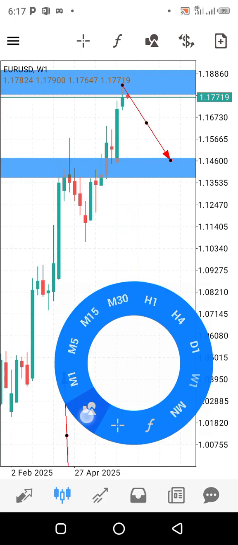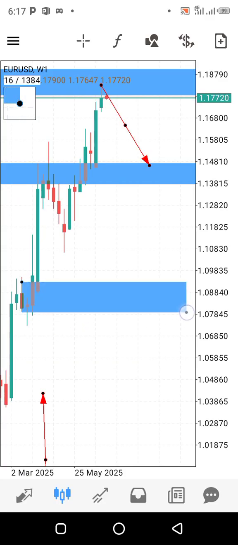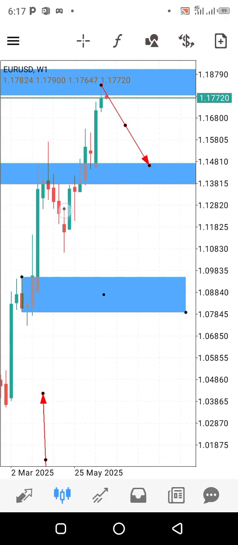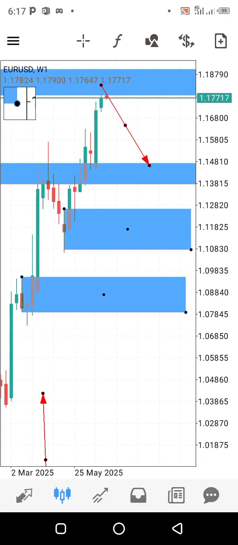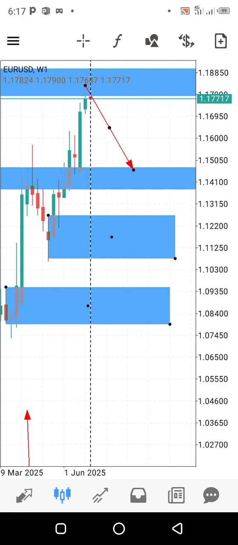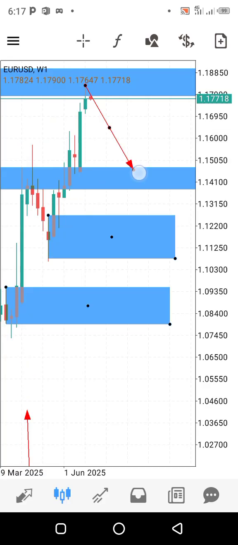So we have some demand zones around this area. This is my first demand zone. Then we have another second demand zone around this area here. So expect that price could come and then clear out most of these demand zones, because on the high time frame we know that market is selling.